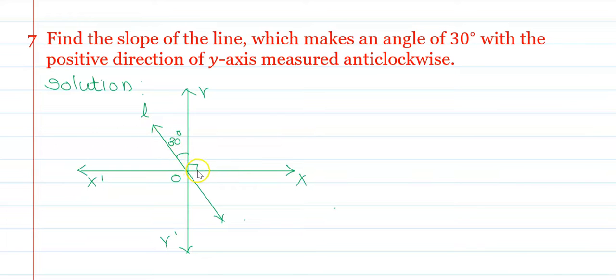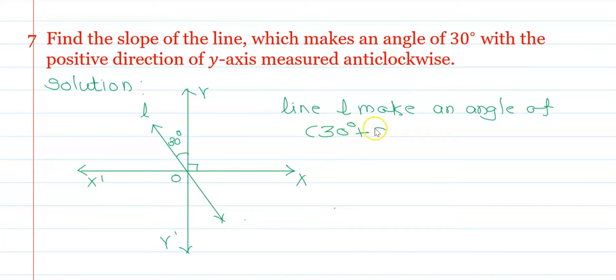Therefore line L makes an angle of 30 degrees plus 90 degrees, and that equals 120 degrees. We want to find the slope of the line.